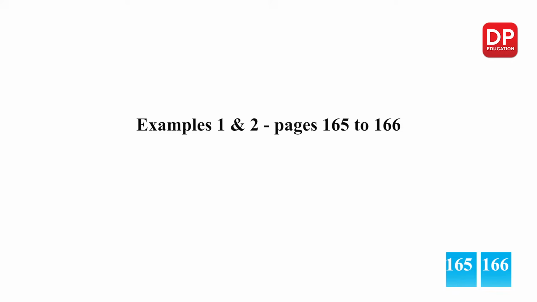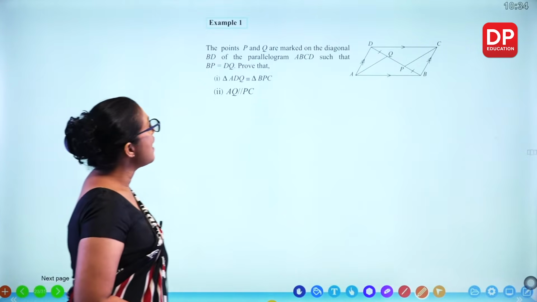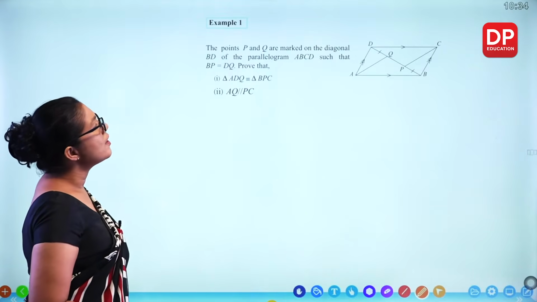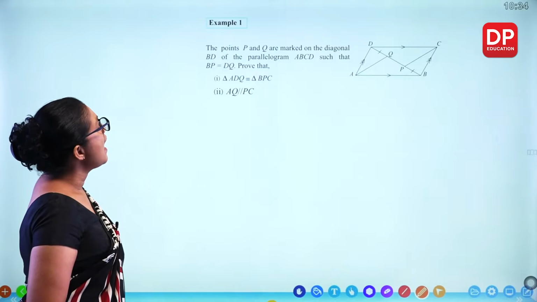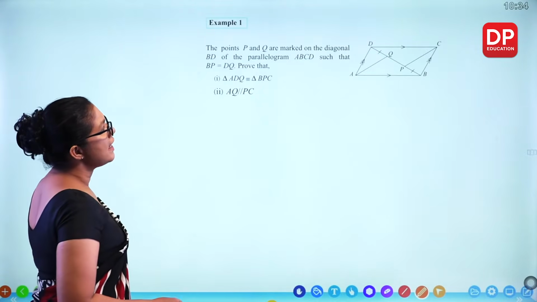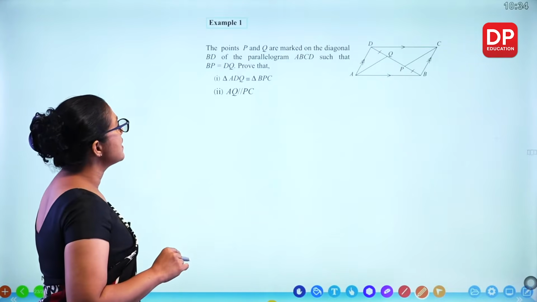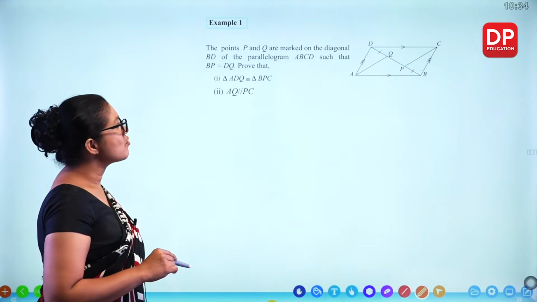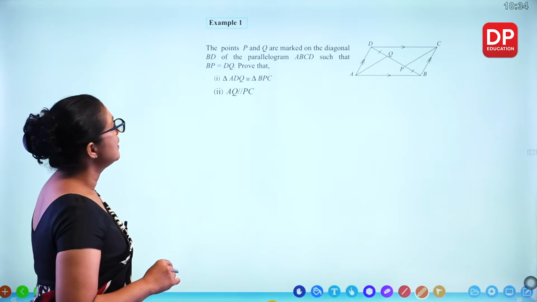Look at example number 1. The points P and Q are marked on the diagonal BD of the parallelogram ABCD such that BP and DQ both are equal. Already marked there. Prove that ADQ triangle is congruent to BPC triangle.